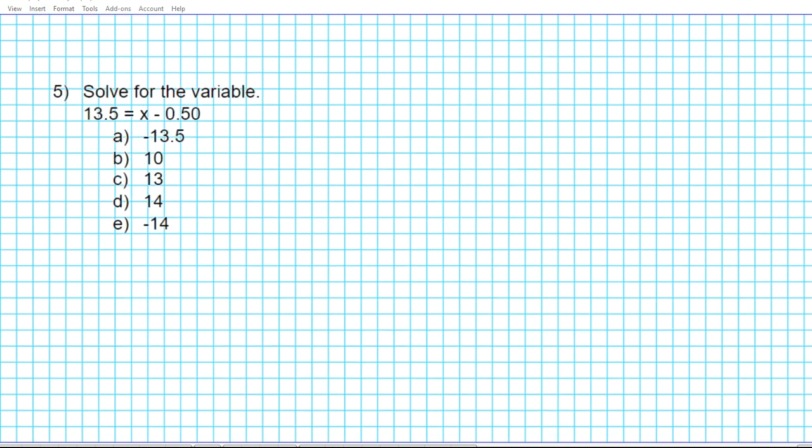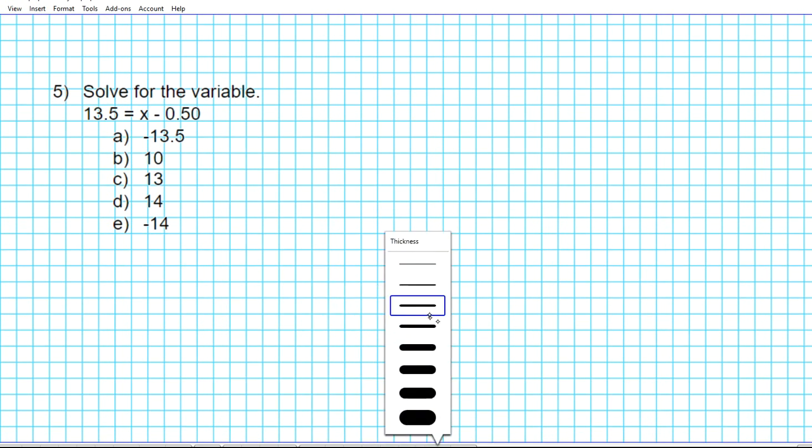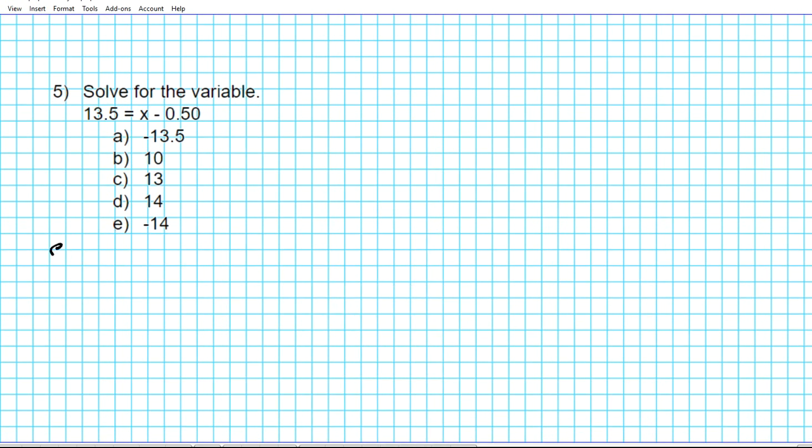Alright, let's take a look at question 5. This is another one-step equation. So for this one, let's go ahead and rewrite the equation. We want to solve for x in the equation 13.5 equals x minus 0.5. Now to do this, we need to get x by itself.